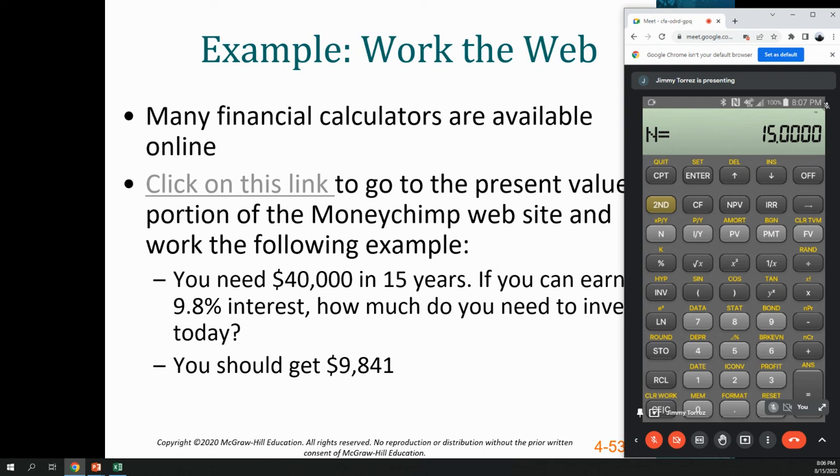The interest rate is 9.8, so 9.8 I over y, enter. The future value is 40,000, FV, enter. Number of payments is 0, so now what I want to do is compute present value. Negative 9,840 and 68 cents. They didn't do the thing, but I could have done this with the website. But I figured we'd do it with the financial calculator instead.